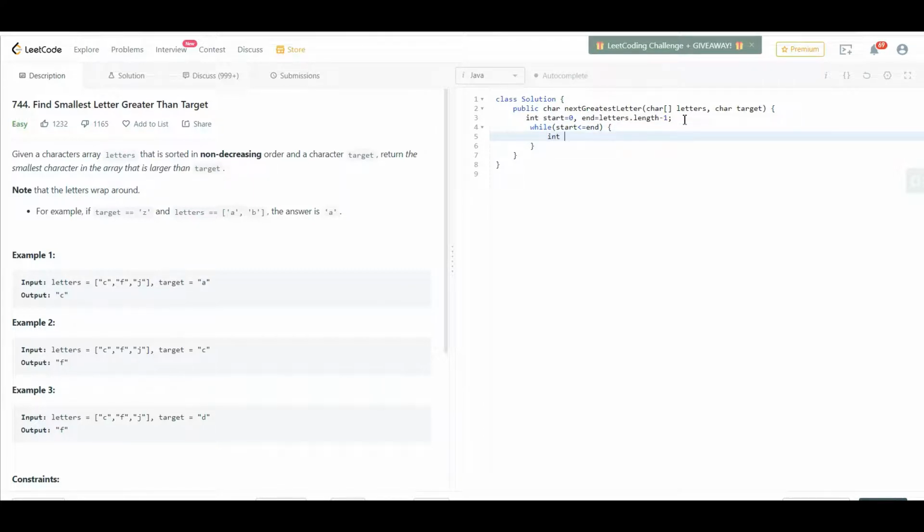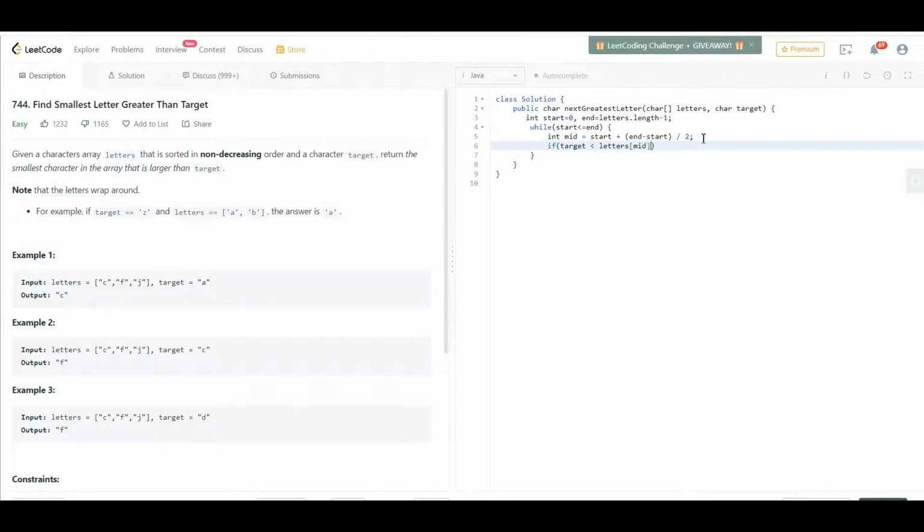In this we have to compute our middle element, int mid, which would be start plus (end minus start) divided by 2, computed this way to handle the situation of array index out of bounds. And we can check if our target element is less than letters of mid.